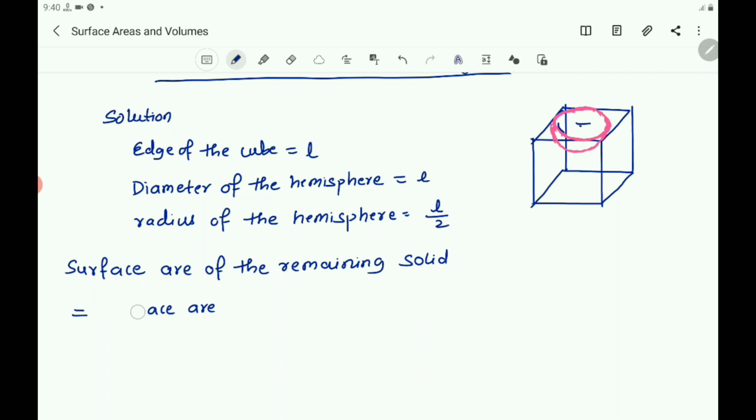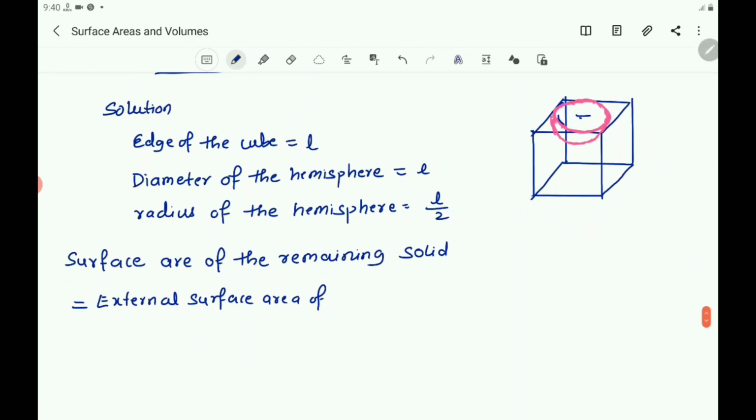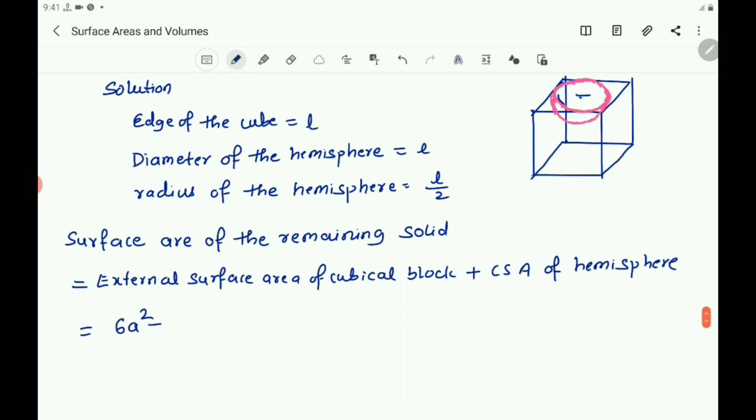You take the external surface area of the cubical wooden block plus the CSA of the hemisphere. Then the external surface area of the cubical block is 6a square minus the area of the circular base, that is pi r square, plus the CSA of the hemisphere, which is 2 pi r square.